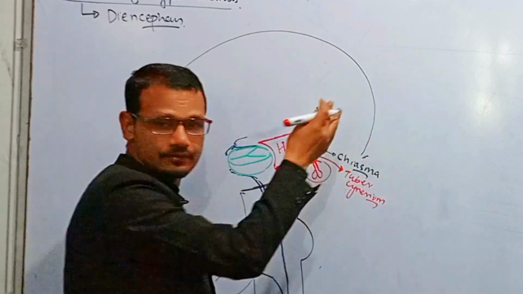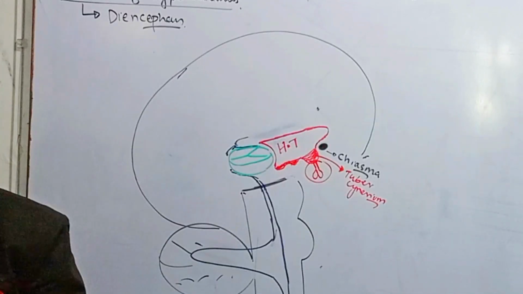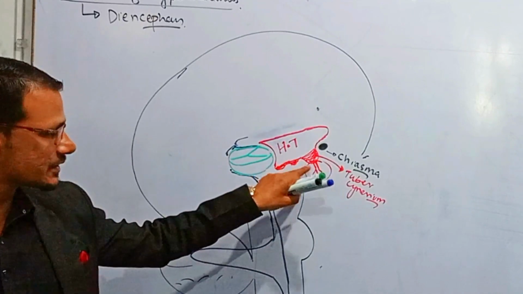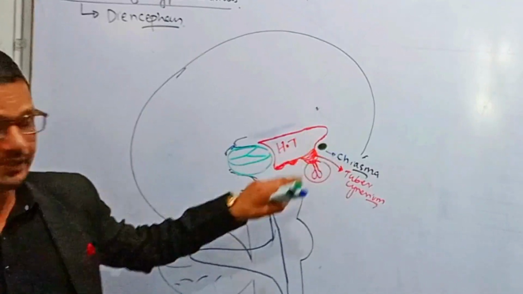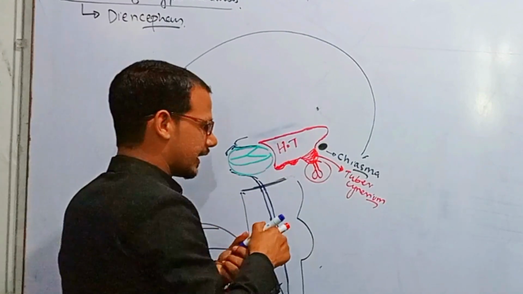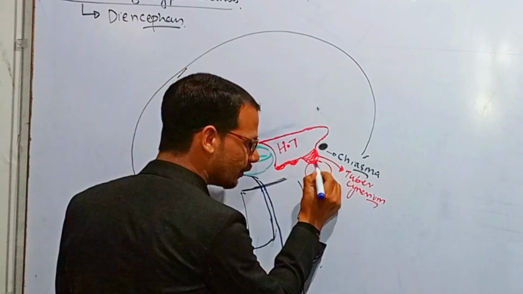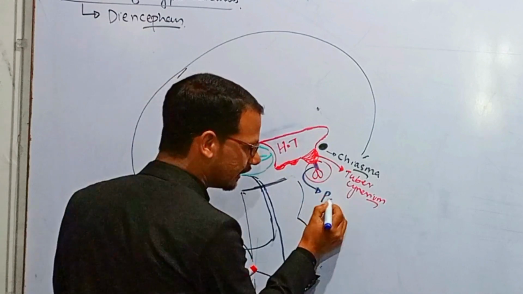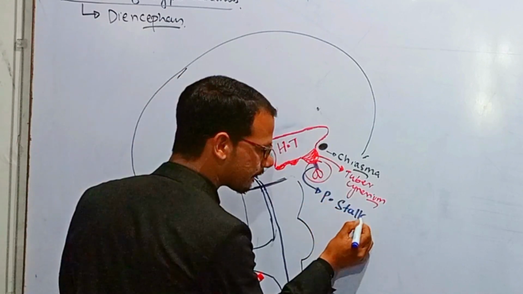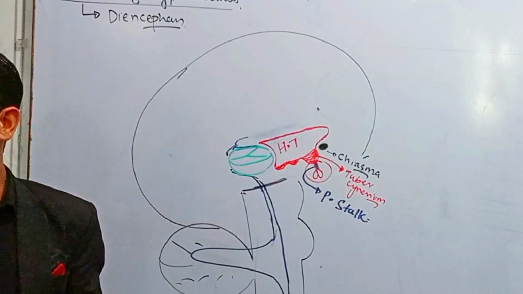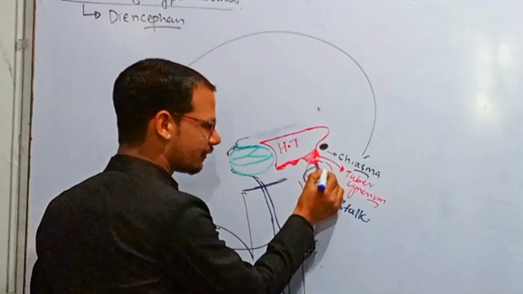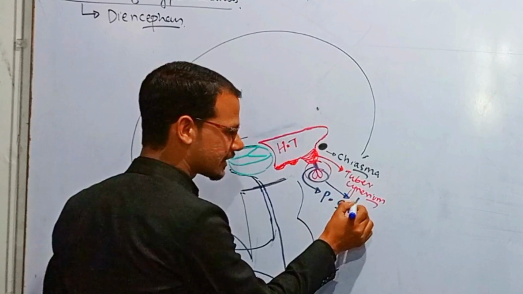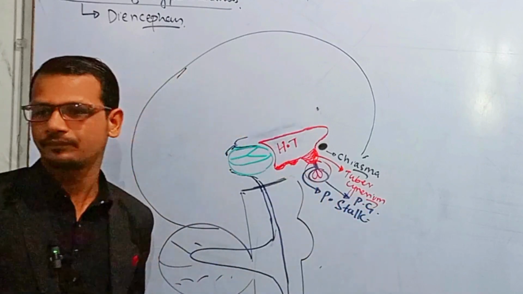I will draw this in hypothalamus, but here you will remember that this tuber cinereum is part of hypothalamus, and this stalk, I am shading this in blue. This is called the pituitary stalk. This pituitary stalk is not part of hypothalamus. And last we get the two-lobed gland, which is called the pituitary gland, right?